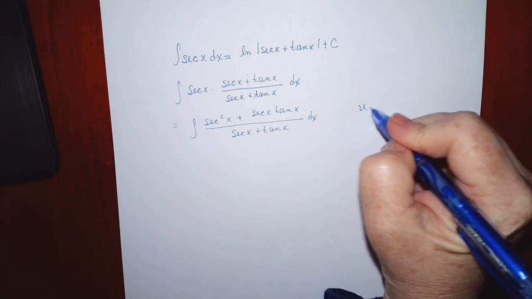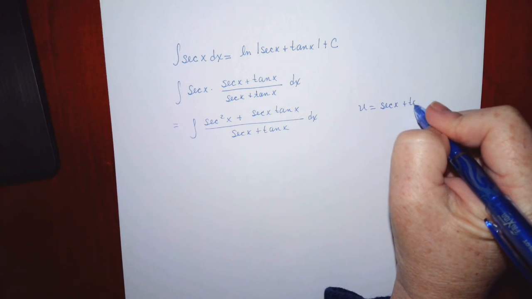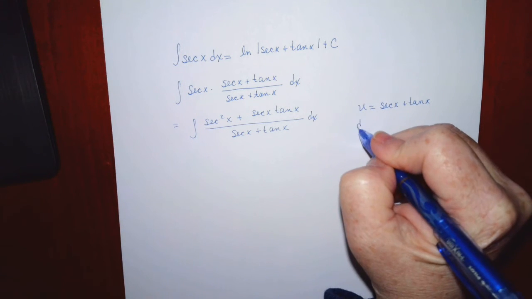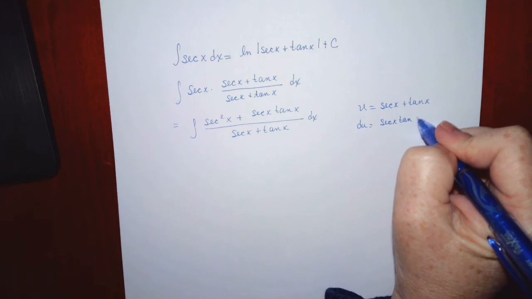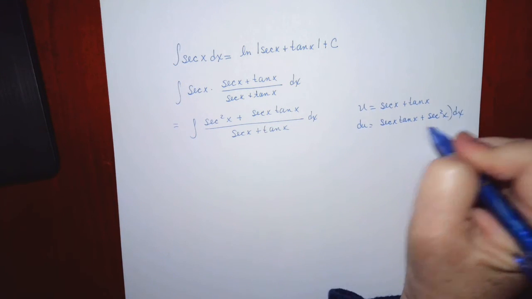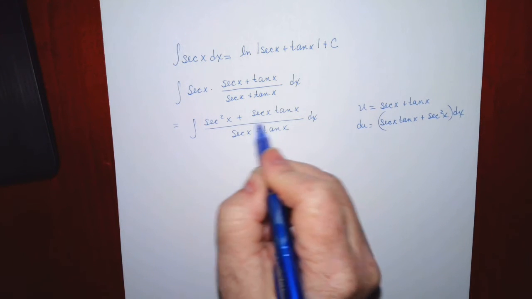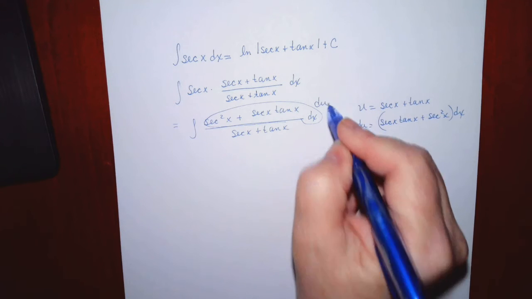And so we could do a u substitution. And we would get that this whole big long numerator times dx is nothing more than du.